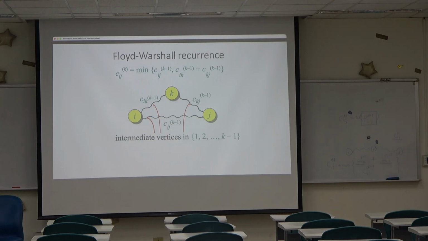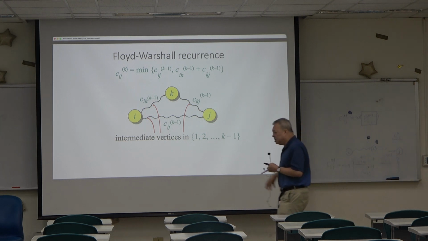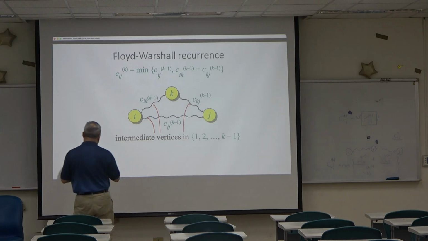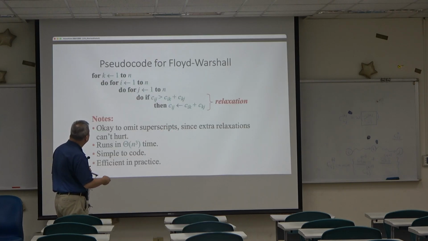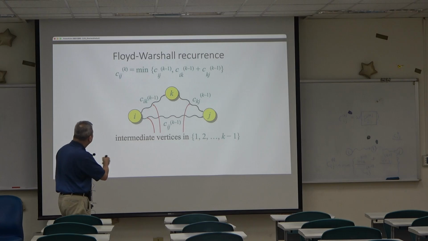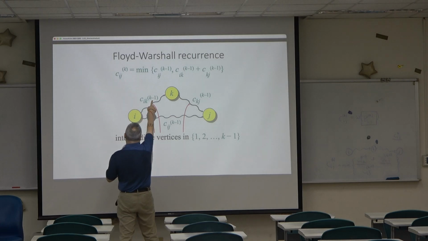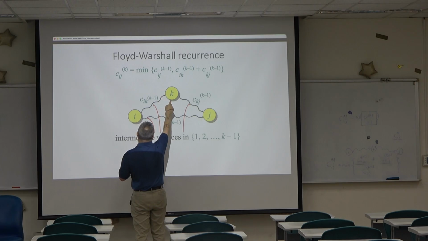Okay, so this recursive formula allows us to construct the terms with a higher superscript from the terms with a lower superscript. So this recursive formula is important. Either it will be the min of C_i,j,k-1 or C_i,k,k-1 plus C_k,j,k-1.